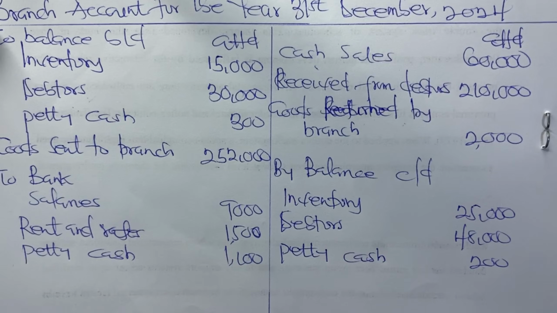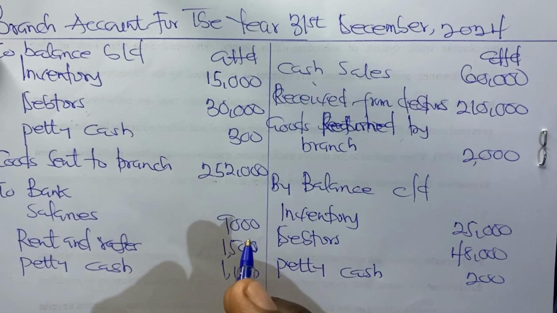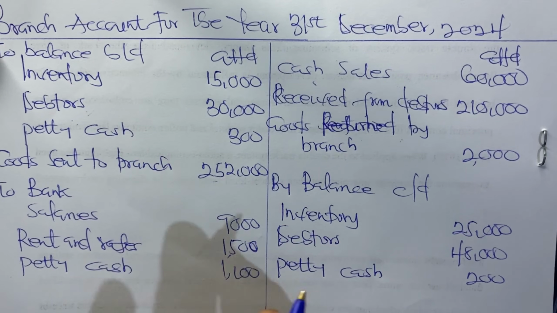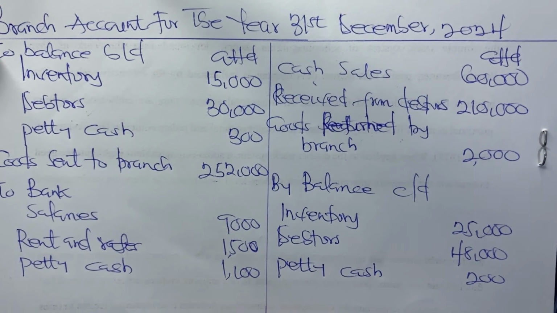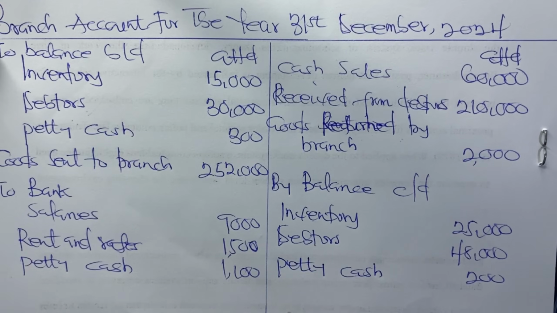Now, after recording this transaction, I told you that we are preparing this account in order to determine what we call the branch profit or loss. To do that, we balance off this account. To balance off this account, we add the total of the debit and total of the credits and pick the bigger one as the total.